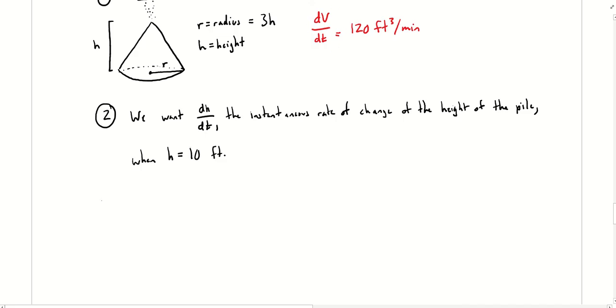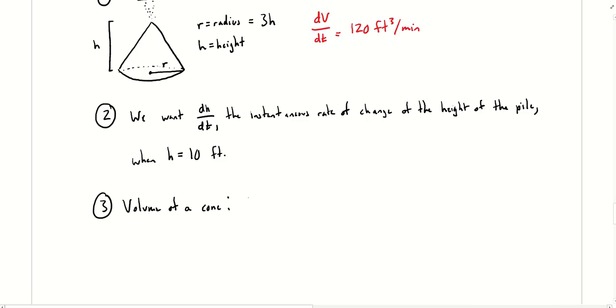So for step 3 here, I'm going to write down the equation for the volume of a cone. Again, don't worry about having to remember this off the top of your head. It will either be given to you on the formula sheet or the exam or written answer, whatever it shows up as. If it shows up with a cone, it will be provided for you if you need this volume equation.